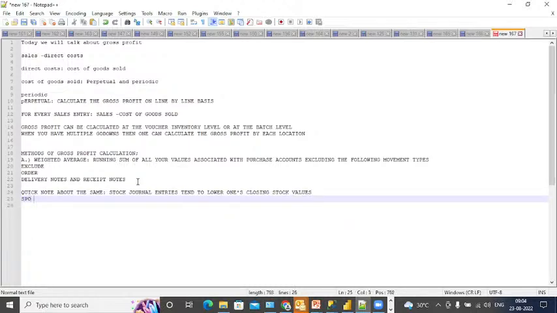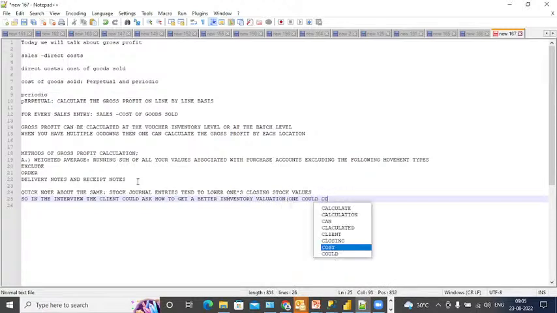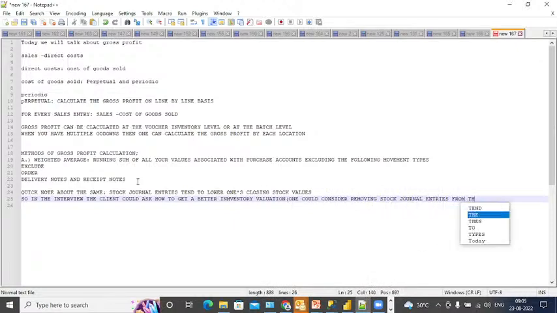So in the interview, the client could ask how to get a better inventory valuation. You can say that one could consider removing stock journal entries from the valuation. This is how I'll tell the accountants to do it.